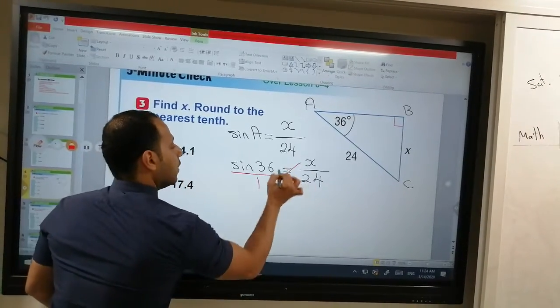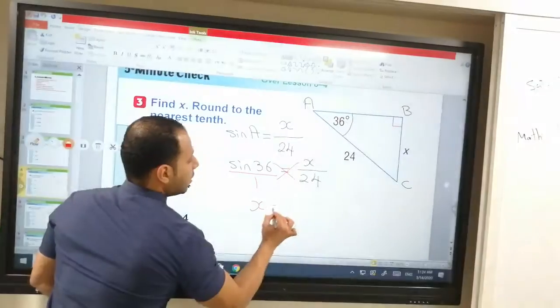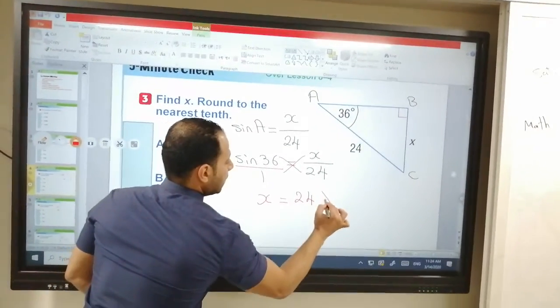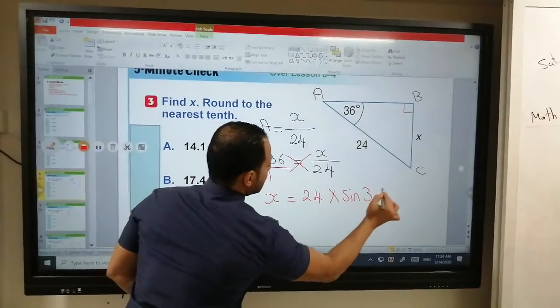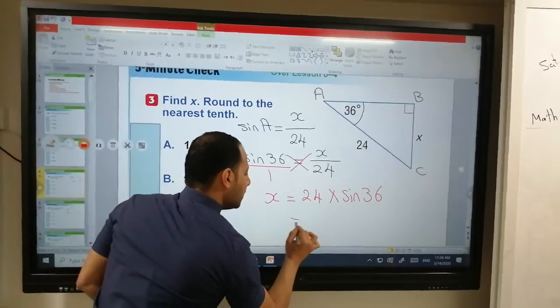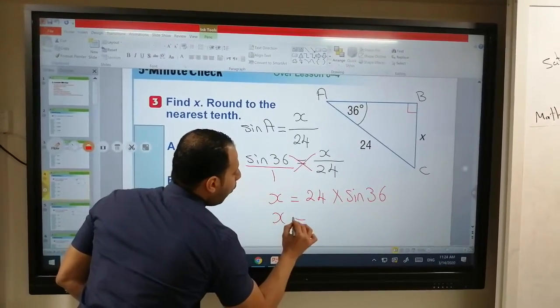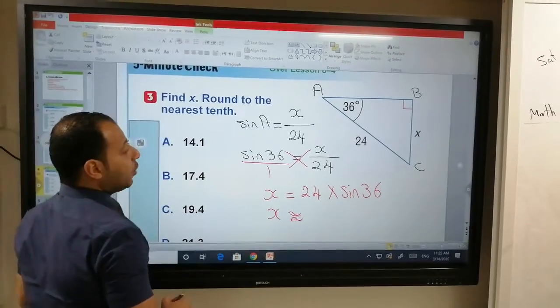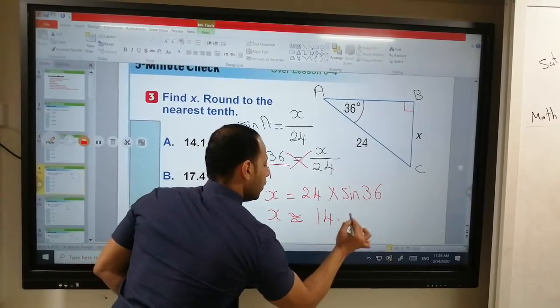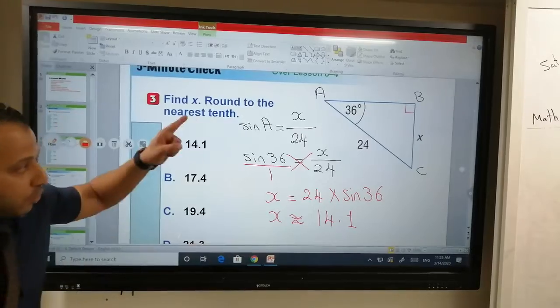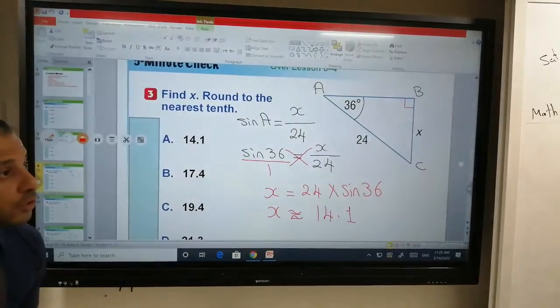So x equals 24 multiplied by sine 36. Write it in your calculator. X will be approximately equal to 14.1. You can get it by using your calculator.